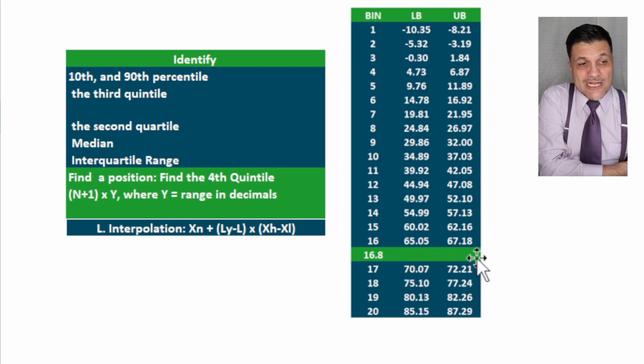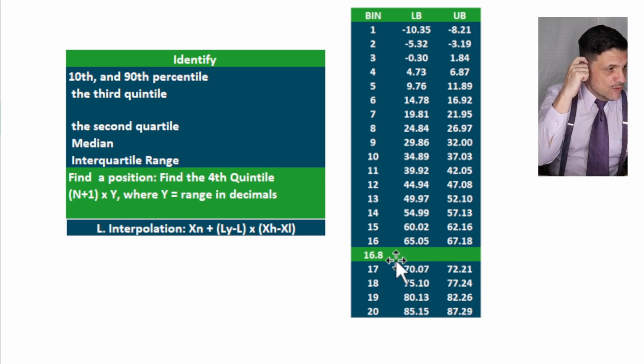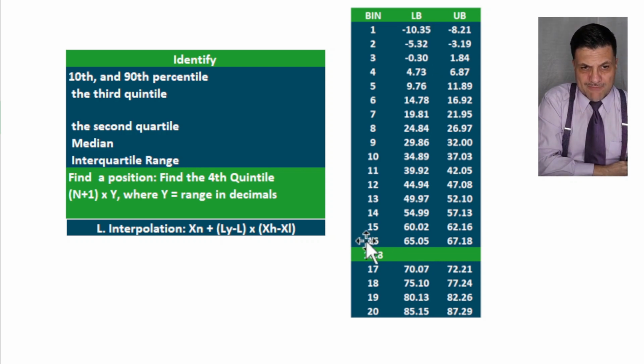So what would be the logical number to put there for the lower bound and the upper bound of the 16.8? To remind you, the upper bound cannot be higher than 70.07 and the lower bound has to be higher than 67.18.